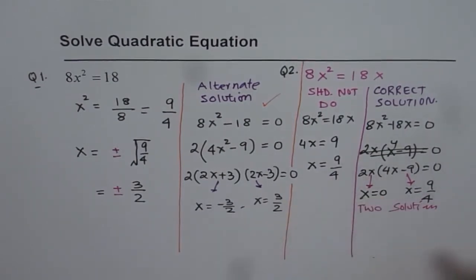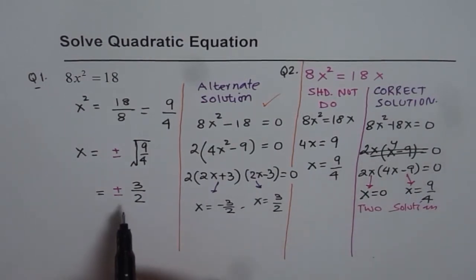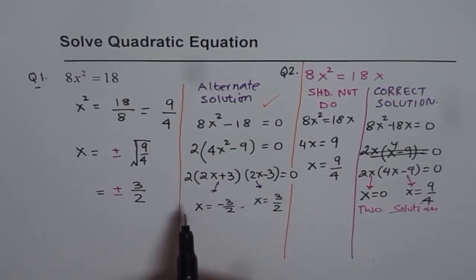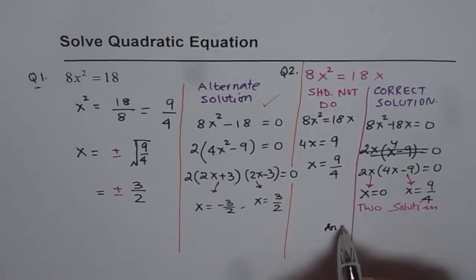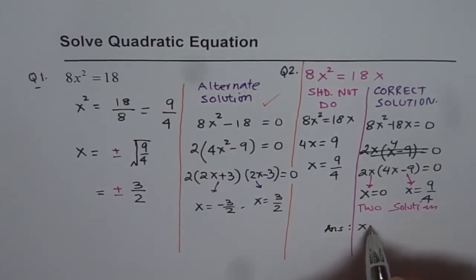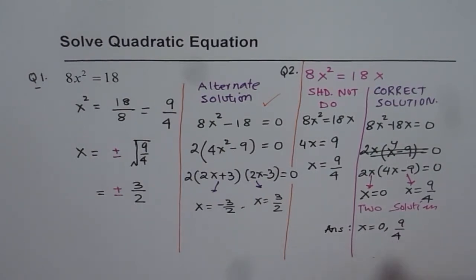And therefore the earlier solution was incomplete or wrong. It was as bad as the first one. Instead of two solutions, we got just one, correct? That is something we should keep in mind. So the answer here in this case is that x equals 0 or 9 over 4.